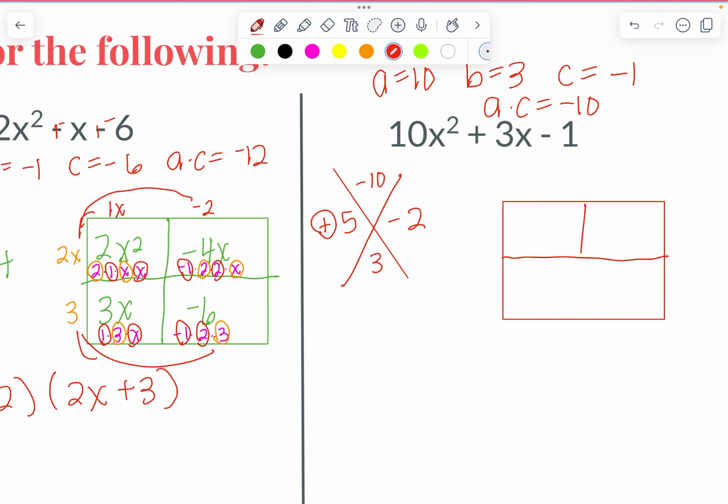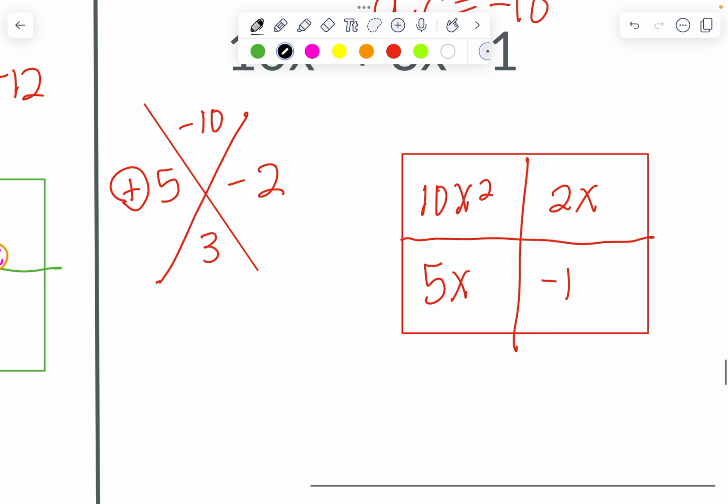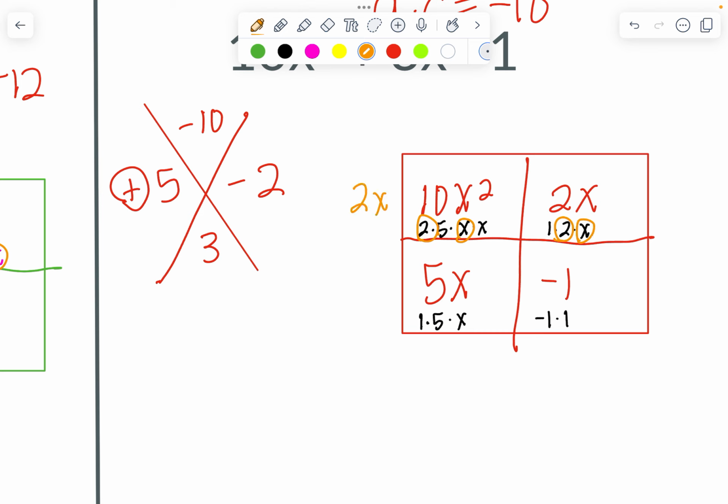So now drawing our box, we have 10x squared, negative 1, 5x, and negative 2x. So looking for GCFs, 2 times 5 times x, 1 times 5 times x, 1 times 2 times x, and negative 1 times 1. So here I have a 2 and an x in both of those. Here I just have a 1, so 1.